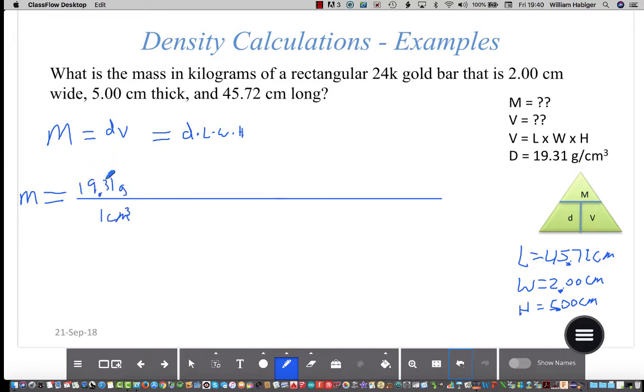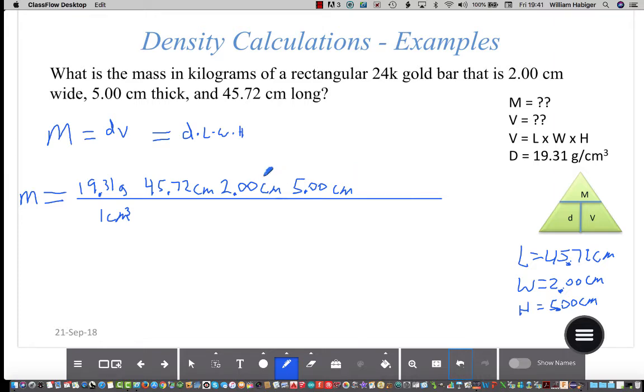Our density is 19.31 grams per 1 centimeters cubed. So I'm going to put 19.31 grams on top and the centimeters cubed on the bottom. I'm going to split that fractional unit up so that they're not on the same side of my dimensional analysis line. So we're going to plug in our other numbers: 45.72 centimeters, 2.00 centimeters, and 5.00 centimeters.